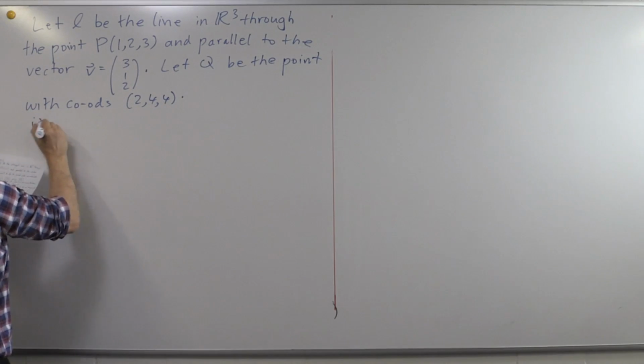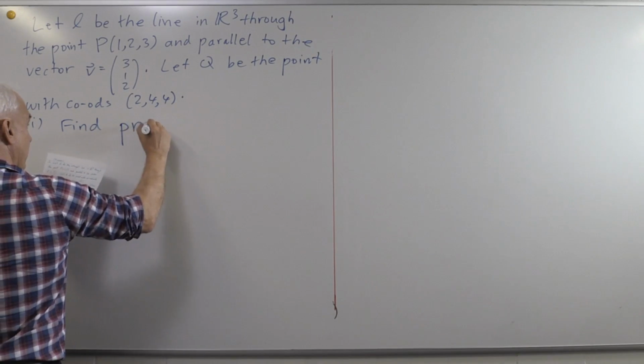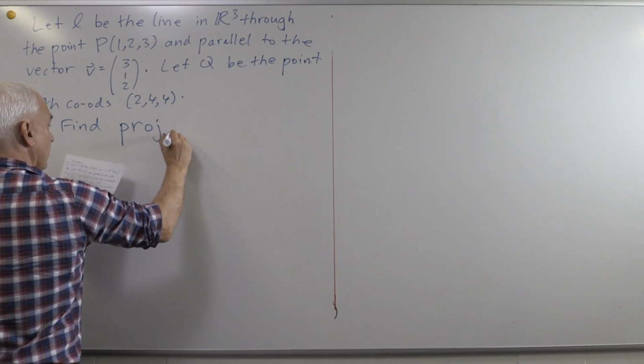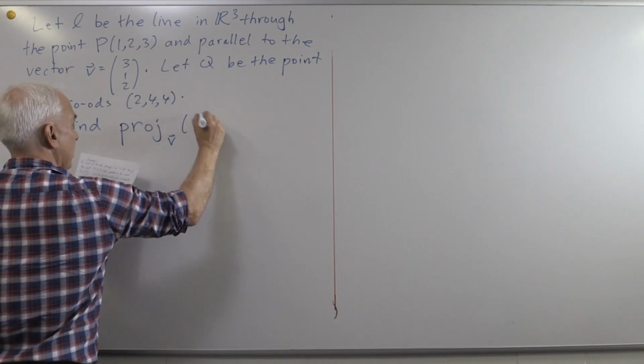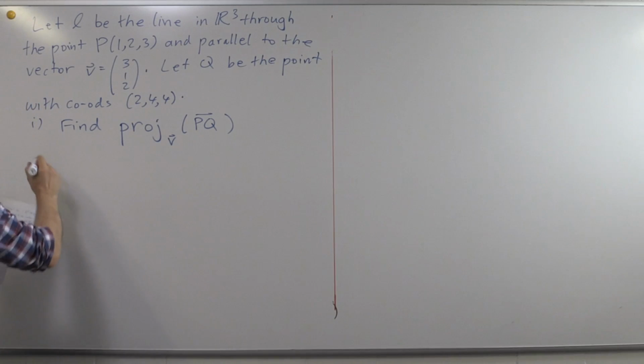Okay, so we are asked to first find the projection onto V of PQ. So we're asked to find a projection, one vector onto another.